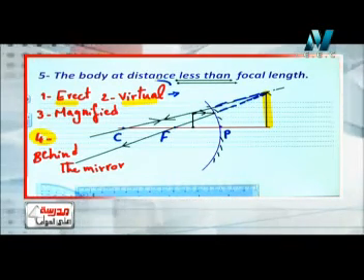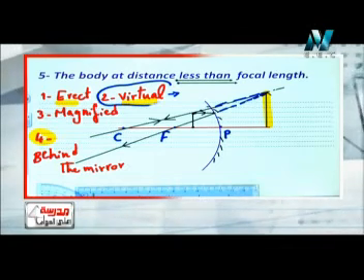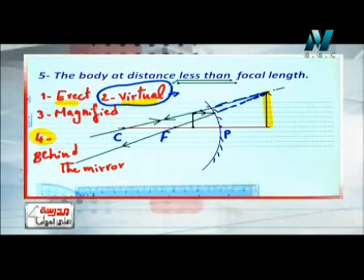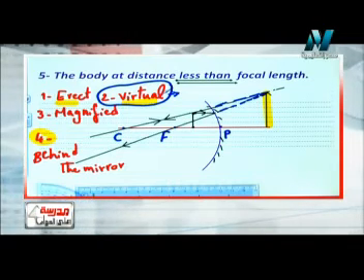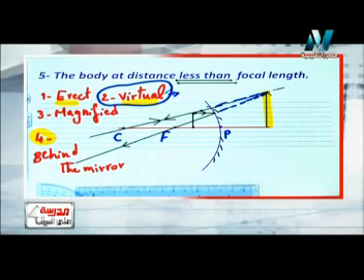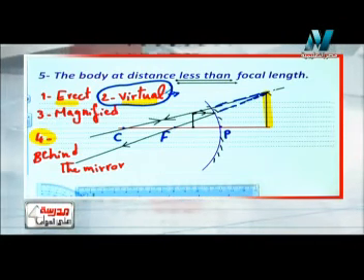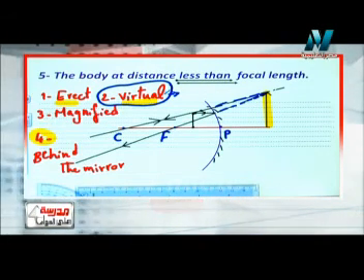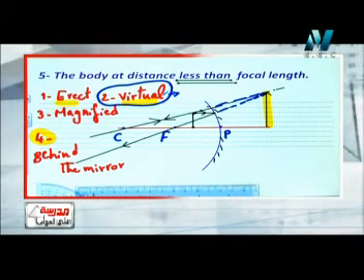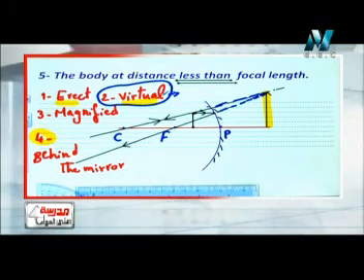And we can here differentiate between virtual and what? Virtual and real. So virtual, which means يعني can't be received on the screen. Okay? Can't be received on the screen because it's formed due to intersection of extensions of reflected light rays.